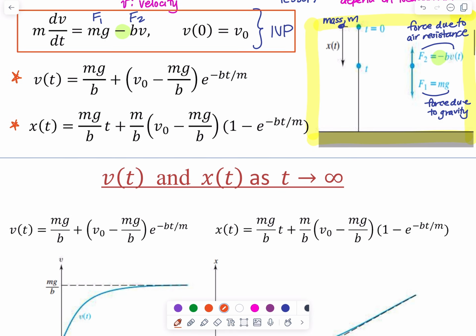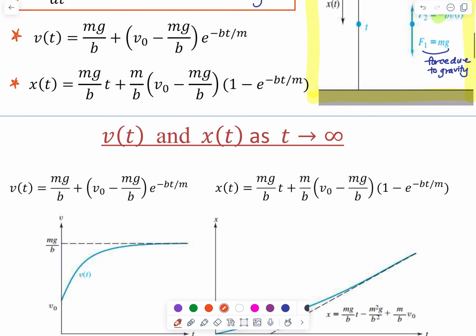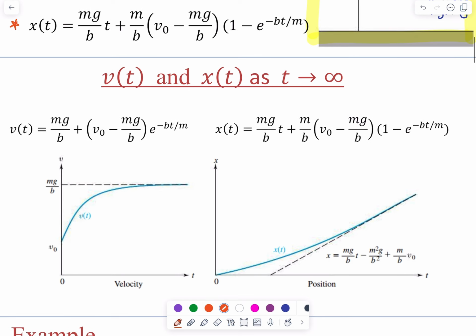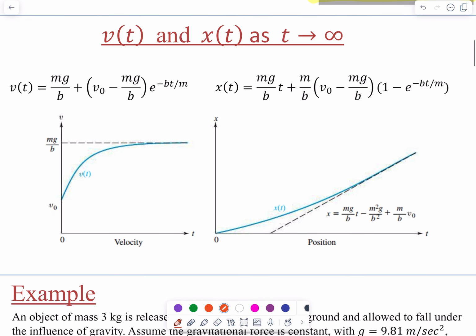So let's take a look at both of these functions as t approaches infinity. As you can see here in this diagram, taking a look at the velocity, v of t will approach this horizontal asymptote, v equals mg over b.